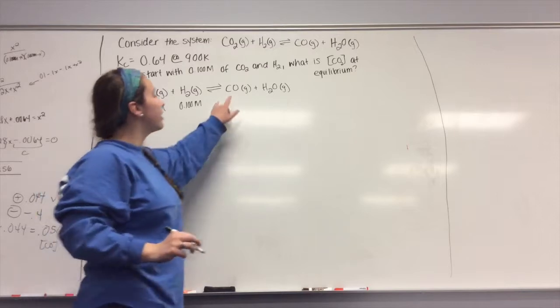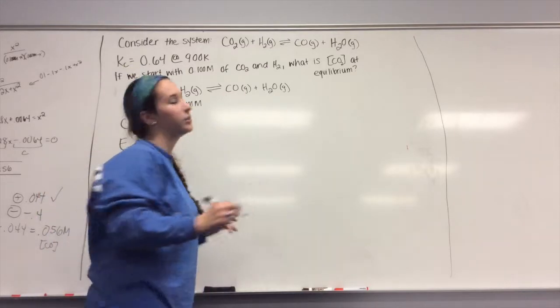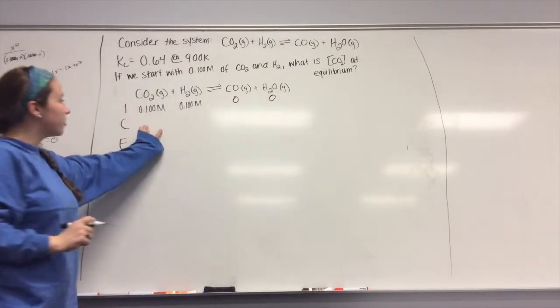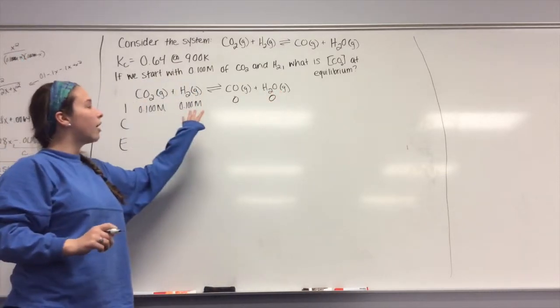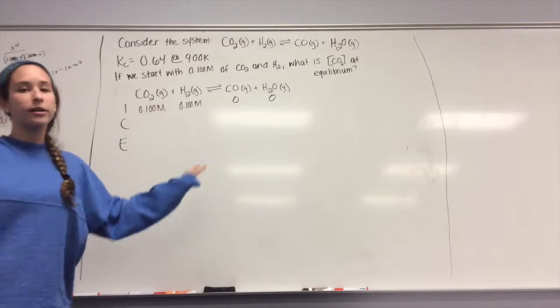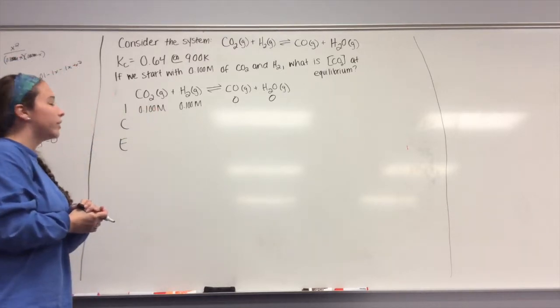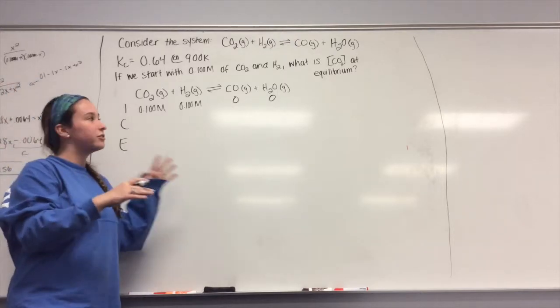And because we're not told anything about CO gas and H2O gas, we're going to assume that we have none to begin with. So now for our change, since none of our reactants or products in our equation have any coefficients, we don't need to have minus 2x or anything like that.